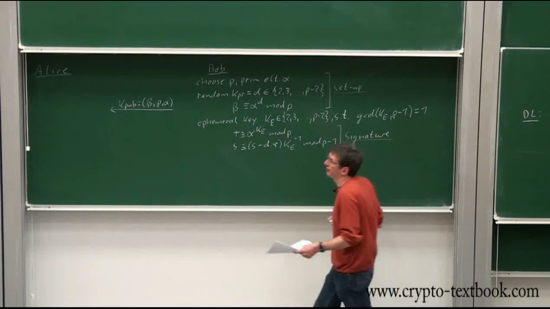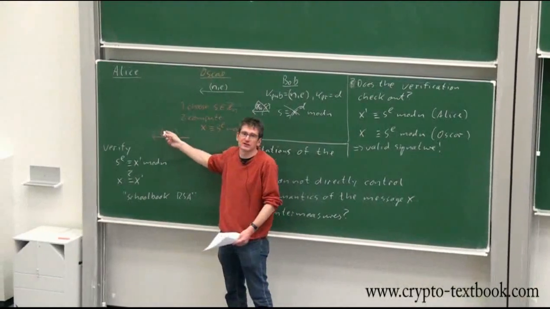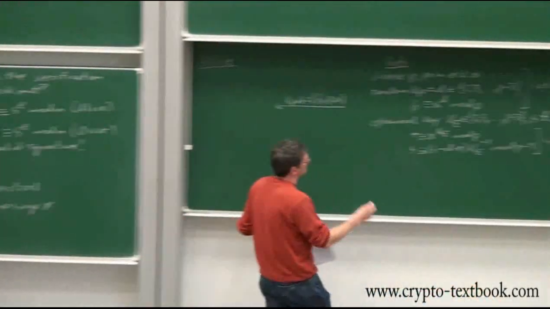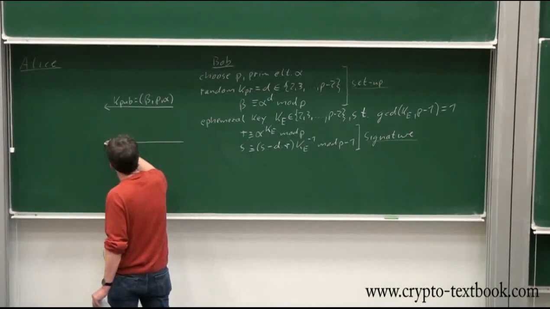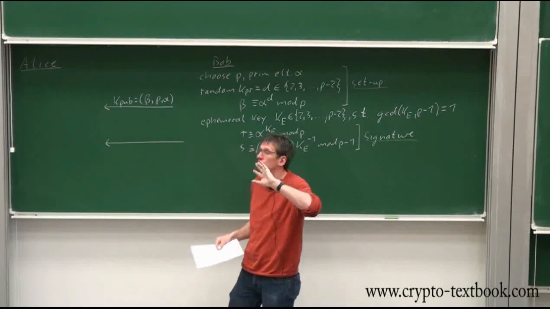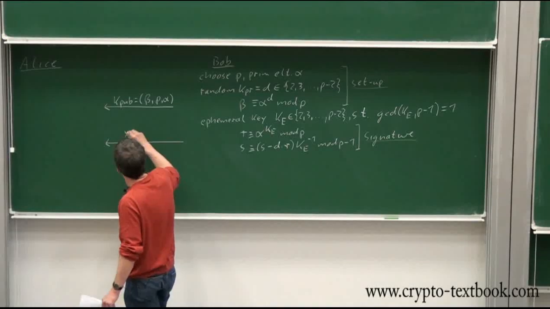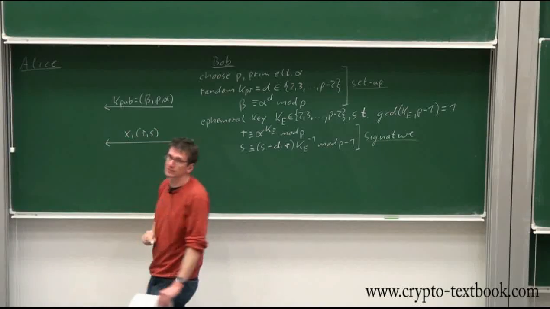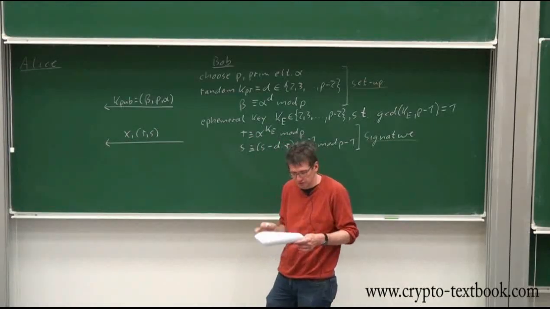This is quite a difference from before. Before, the signature S was just one 1024-bit value. Now the signature is two 1024-bit values. But besides this, the protocol just follows the basic rule. Bob signs, he sends over the message together with the signature, which now consists of two parts. Don't get confused, the signature consists of two parts here.